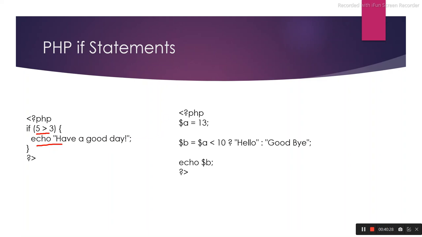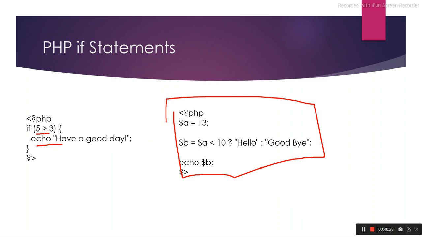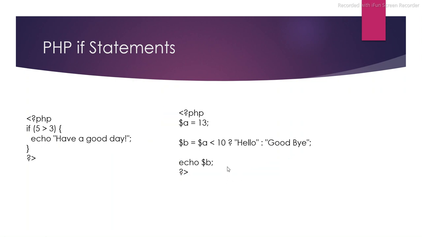But here there is something that looks new. This if statement is actually a conditional operator, as in Java. So here what we are trying to do: $a is 13, that is, the a value is 13, and b equals a less than 10; this condition will be checked.